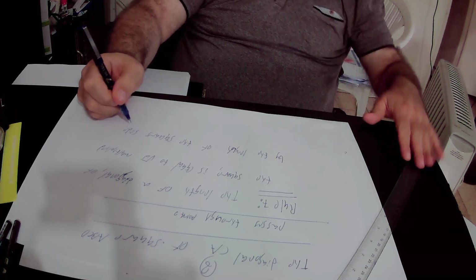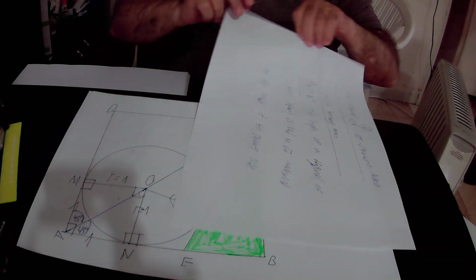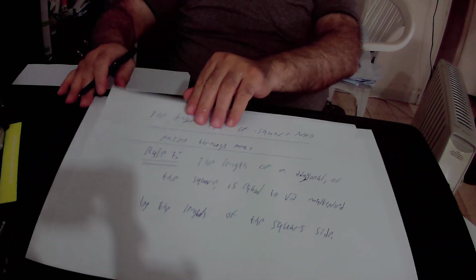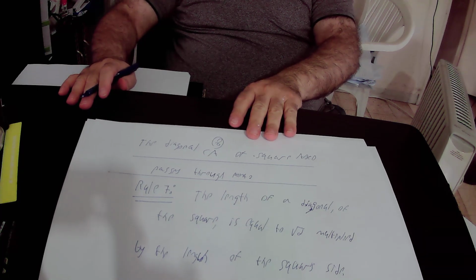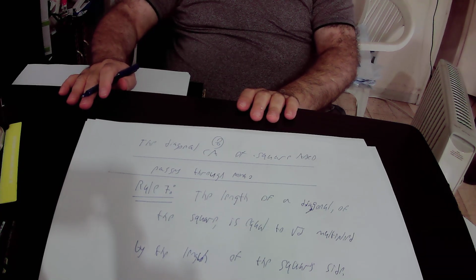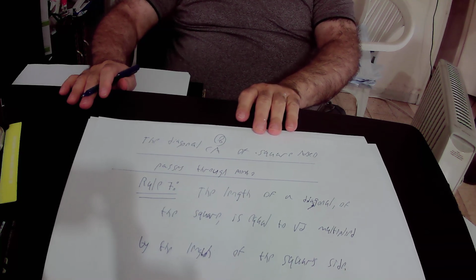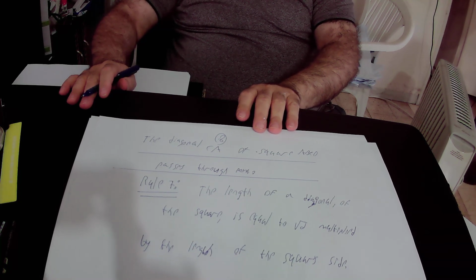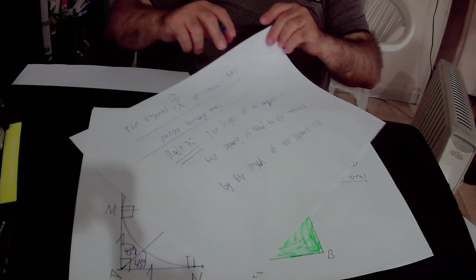So I will repeat rule number 7 again. According to rule number 7, the length of a diagonal of the square is equal to square root of 2 multiplied by the length of the square's side. So what is the meaning of rule number 7?